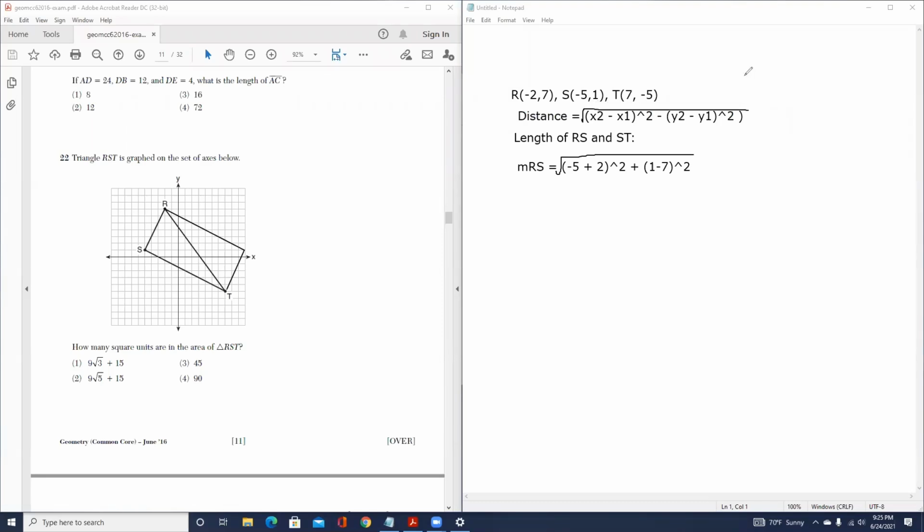There we go. So in this case, x2 is -5, x1 is -2, but it's being subtracted, so it's the same thing as adding it.